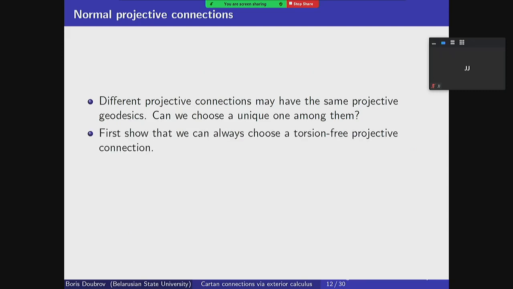Just to repeat what I was saying, different projective connections may have the same projective geodesics, and we'd like to ensure we can choose a unique one, and the choice should be natural.